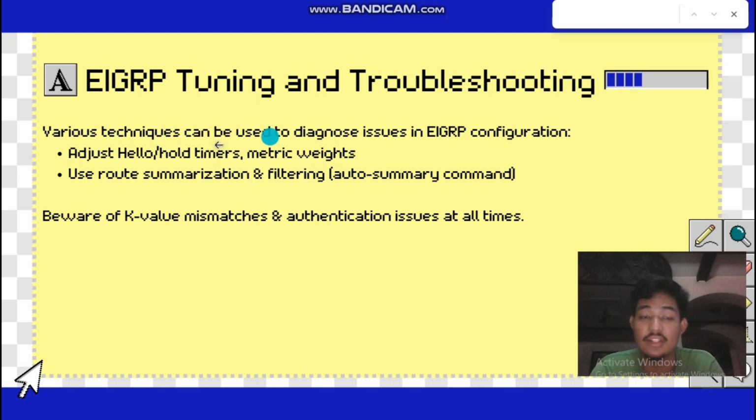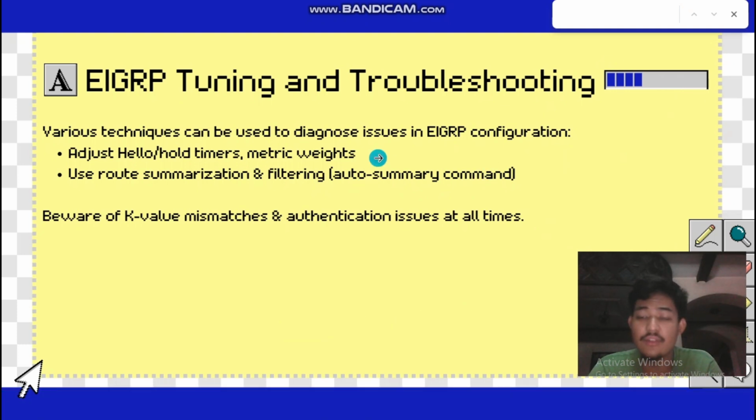You can also adjust the timing for this one in order for packets to not cause a network overload. But aside from that, route summarization and filtering, which are also core principles of EIGRP, can also be utilized through the auto-summary command, a command which we will encounter later in the presentation.